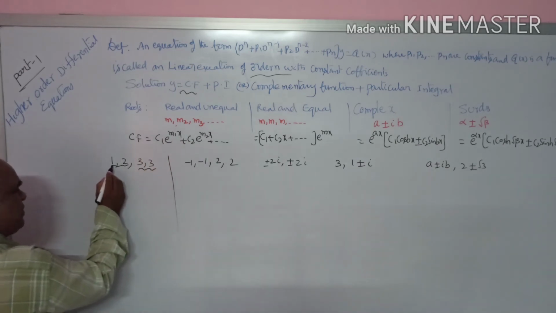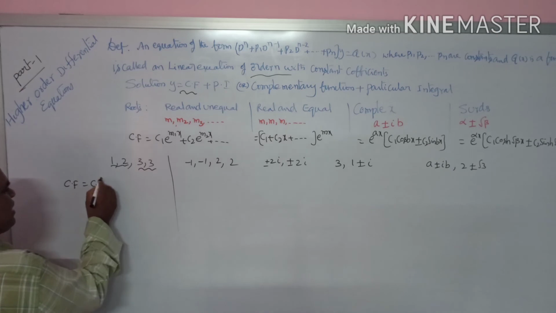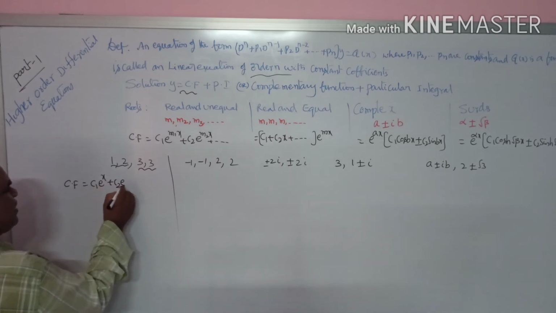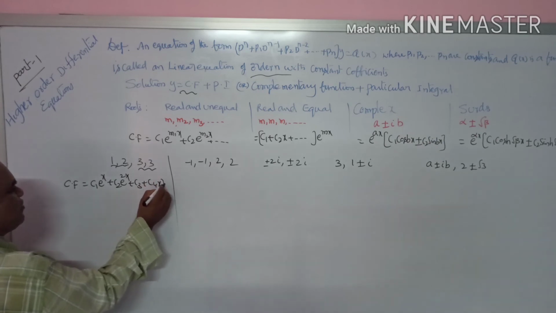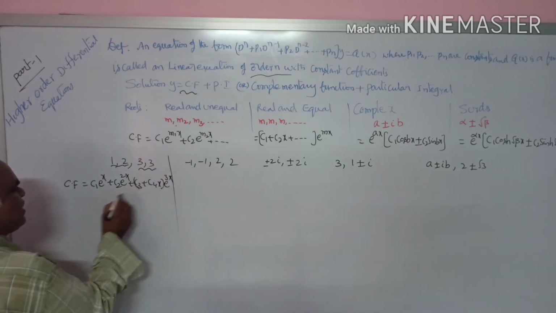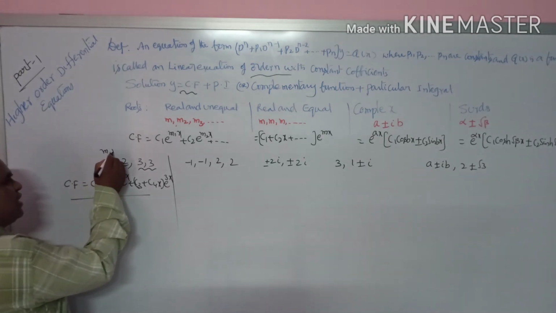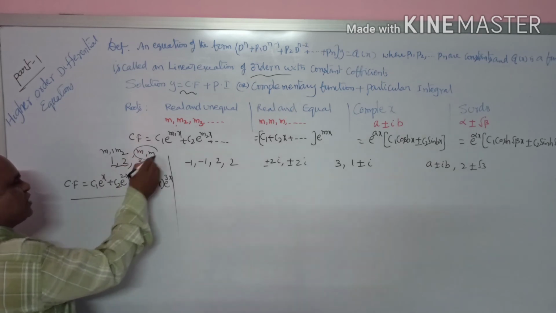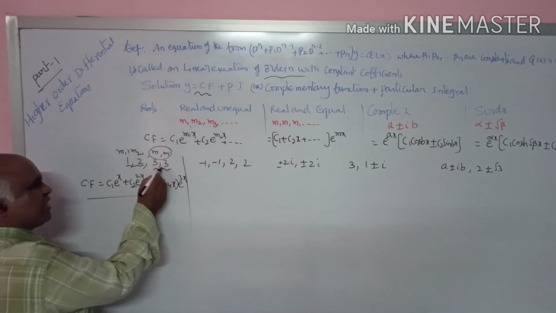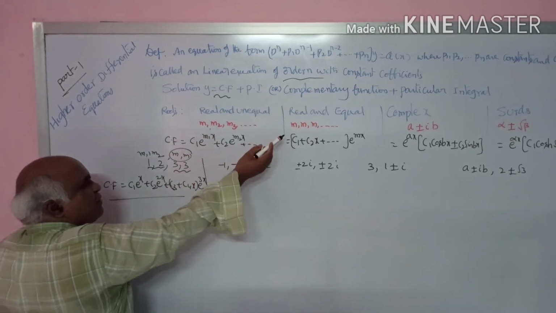For this type of roots, the complementary function is equal to, for unequal, c1 e power x, c2 e power 2x, and c3 plus c4x into e to the power of 3x, because it is m1 and it is m2. These two roots are m comma m, these two roots are equal. These two roots are unequal. Unequal means this type, equal means the second type.